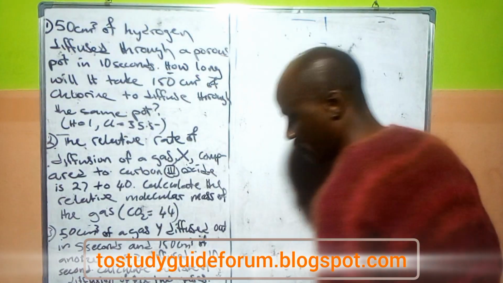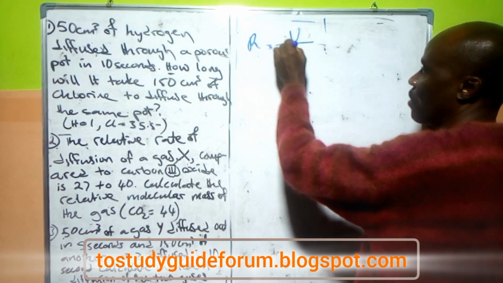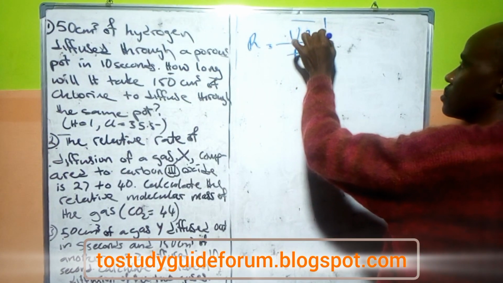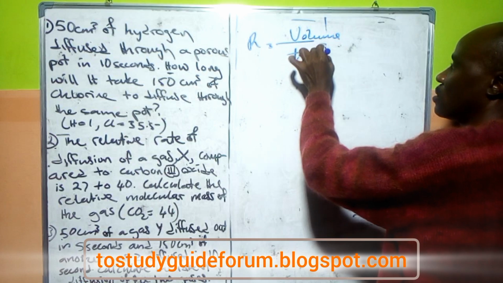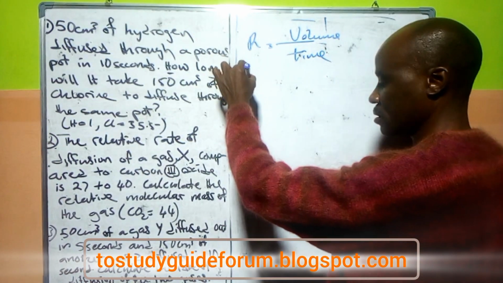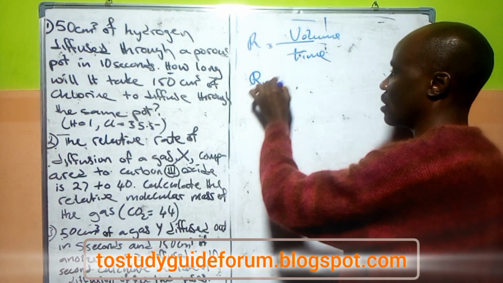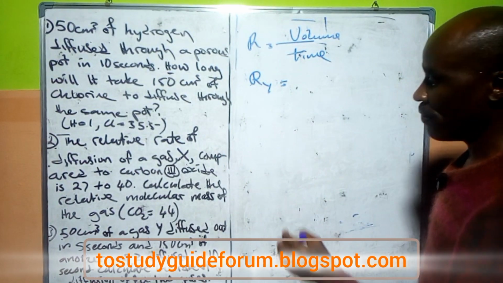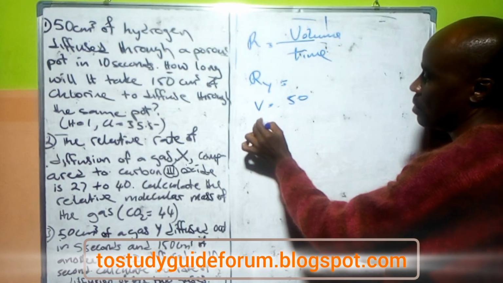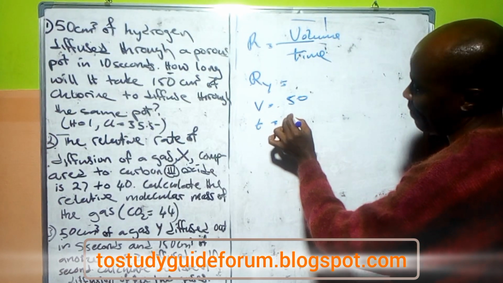So the rate of diffusion of the two gases, you know that rate is equal to volume over what? Time. So we have for the gas Y, rate of diffusion of gas Y will then be, we have the volume of gas Y is equal to 50, and the time is equal to 5 seconds.